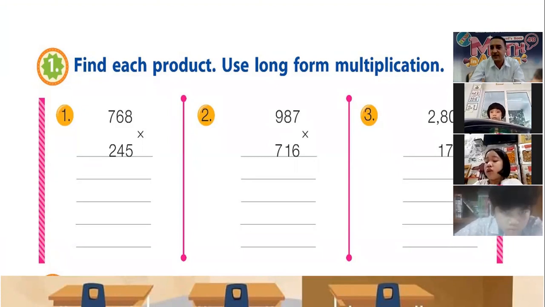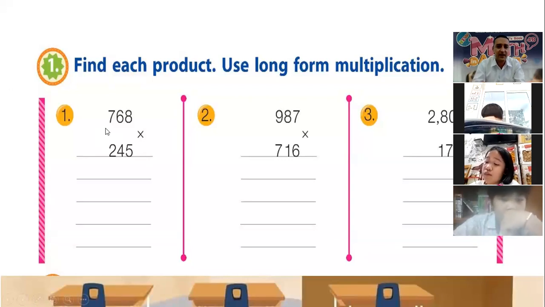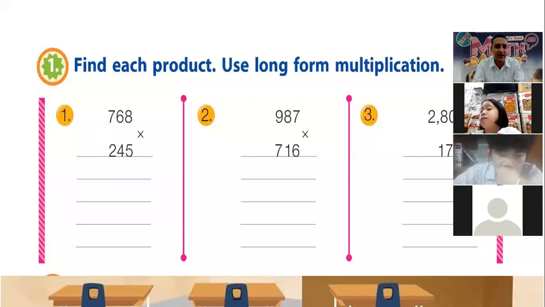Let's start to solve these questions. Question number one: we have the multiplier 768, and in the multiplicand we have 245. So we have to find the product using the long form.